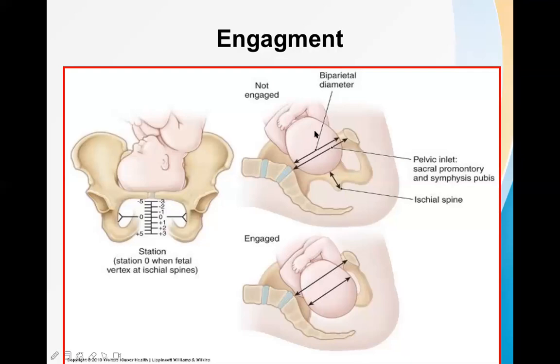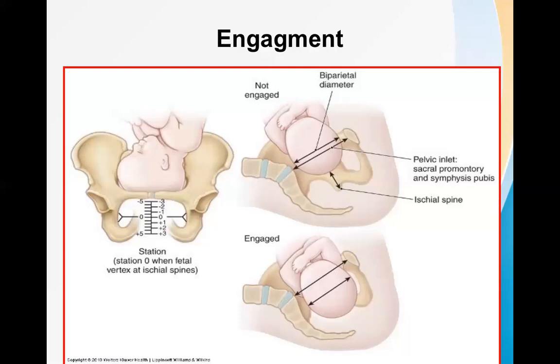Now focus here. If somebody still cannot answer, the answer is provided by this picture. See here, please. This is the biparietal diameter, the largest diameter of the fetal head. If this biparietal diameter has entered into the maternal pelvis, we call it engagement. I'm making it very easy for you. That means the largest diameter of the presenting part has entered into the maternal pelvis.